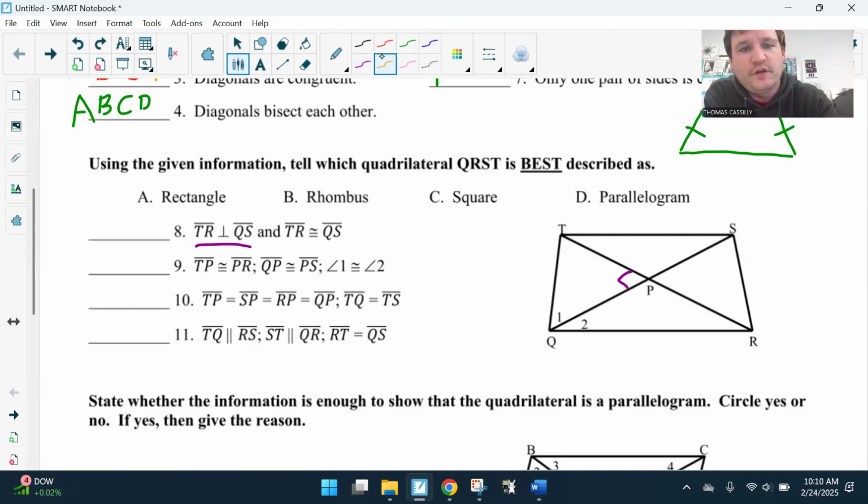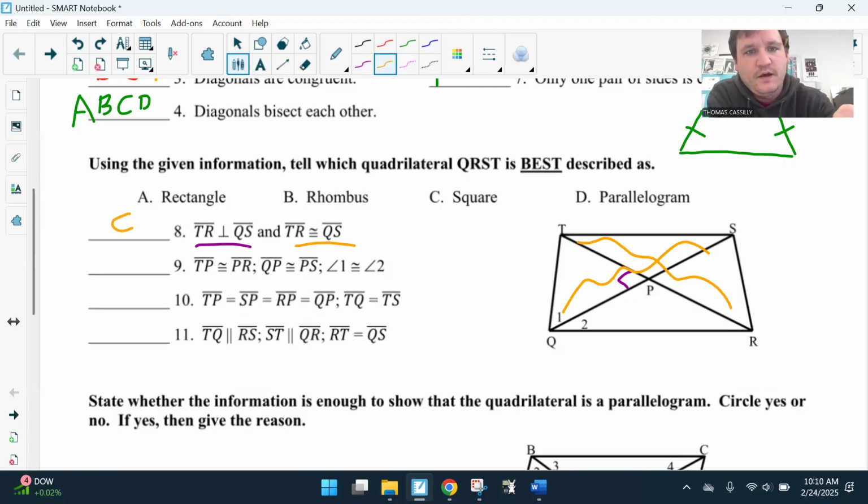Now we look at the next one: TR is congruent to QS. So these diagonals are also congruent. We know the diagonals are congruent in a rectangle and a square. So both of these scenarios only fit a square.